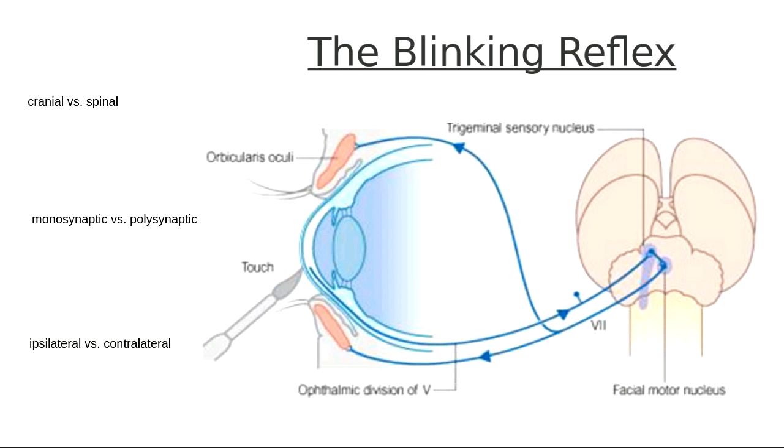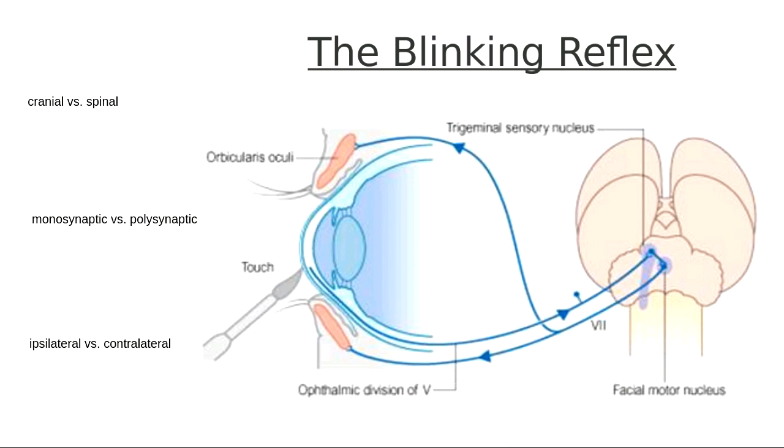First part of our classifications here, we want to know if it's cranial versus spinal. When I look at my picture, do I see a spinal cord? Yes, they're saying cranial. Yep, we're going to call this a cranial reflex because when I look at this picture, I may not have any idea what it is, but I know it's not the spinal cord. It's very obvious in all of our other reflexes that we've seen the spinal cord.